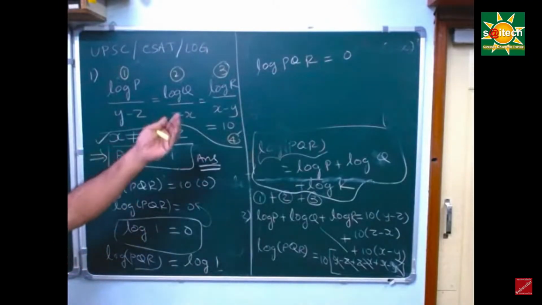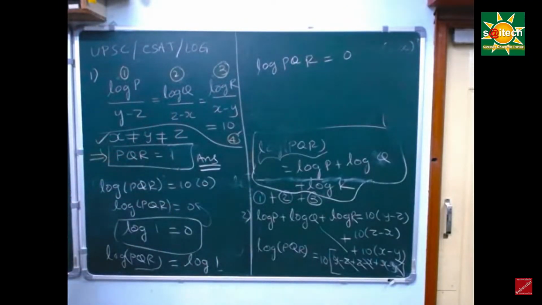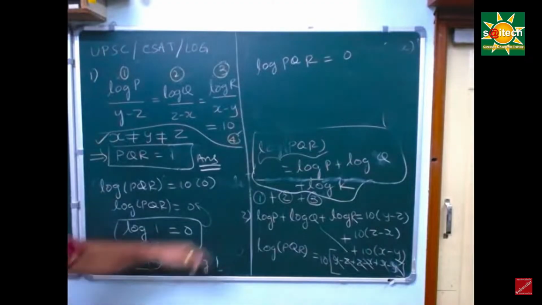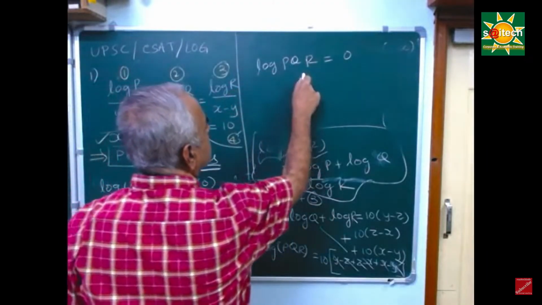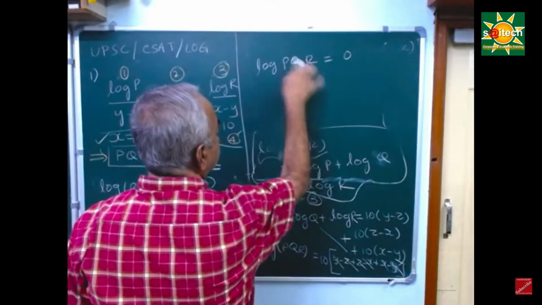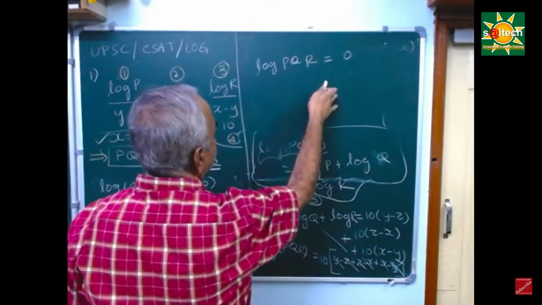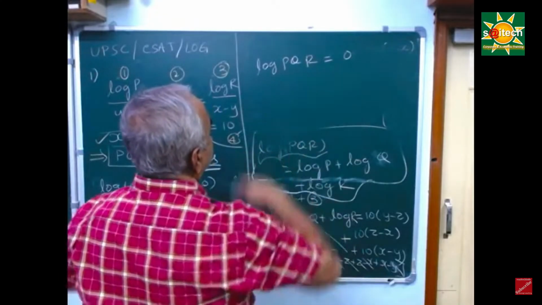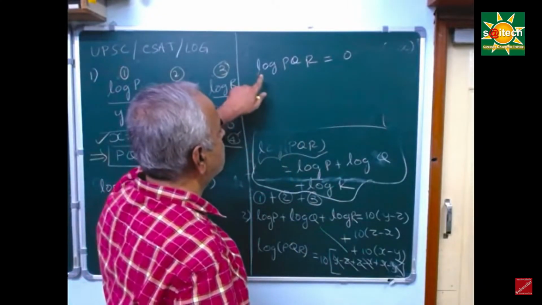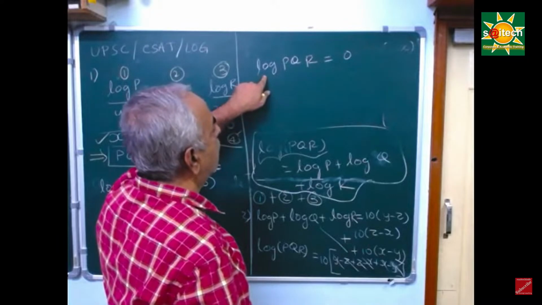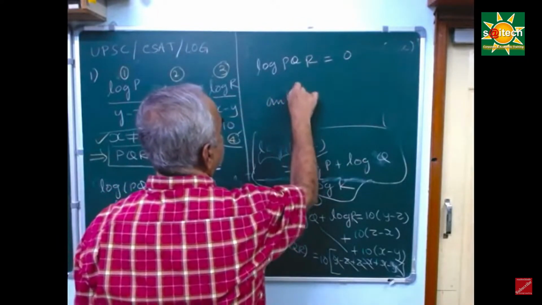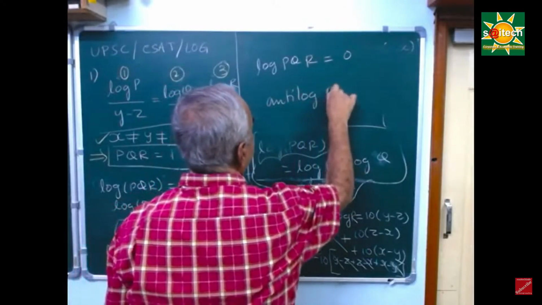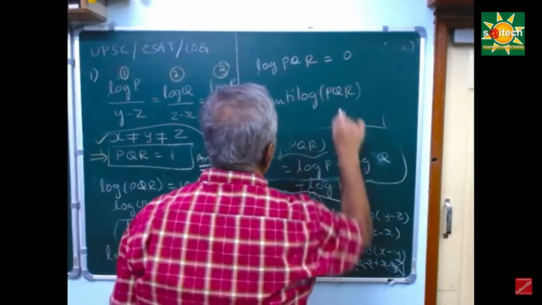You can apply the exponential rule also here. So this is in the logarithmic form, and if you want to take the inverse of log, you have to consider the antilog. The inverse of log is antilog. So you have to find the antilog of PQR.